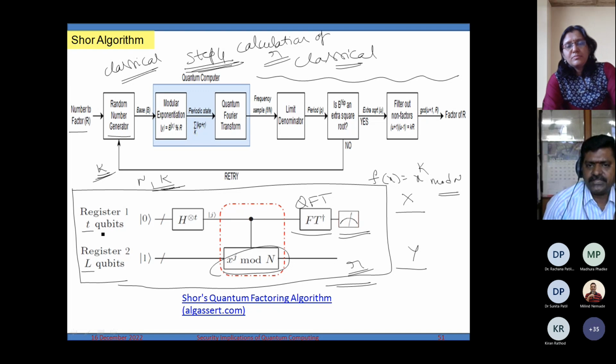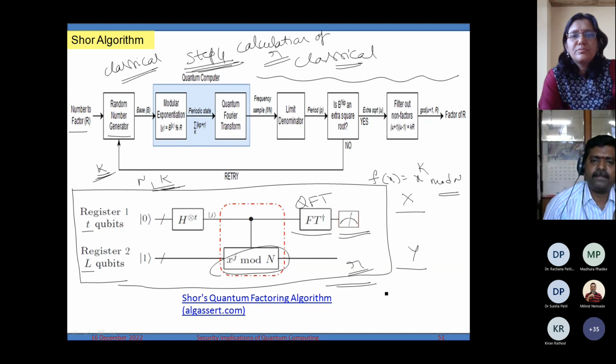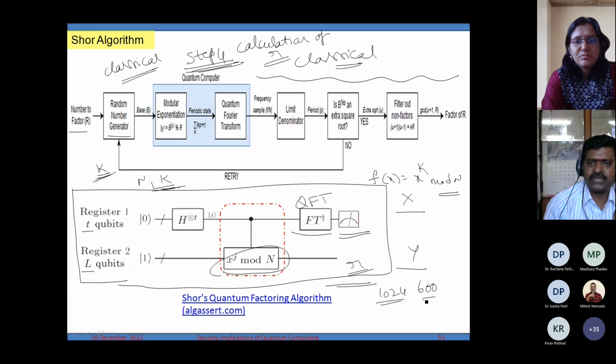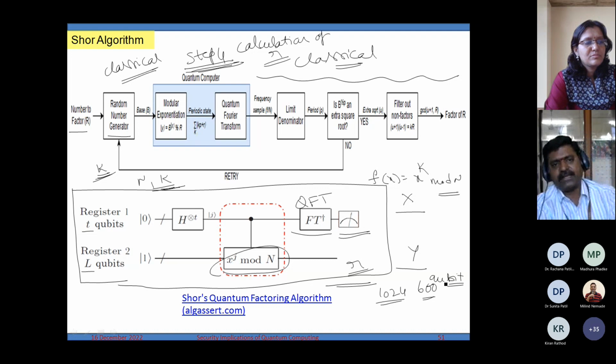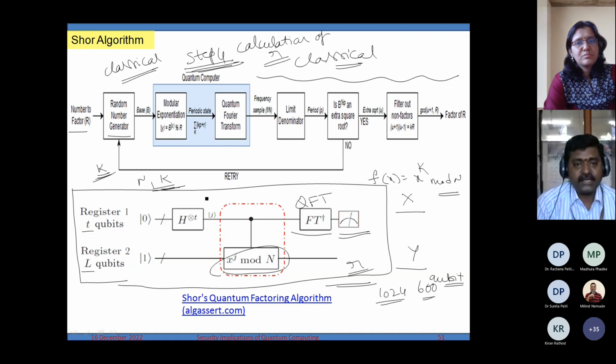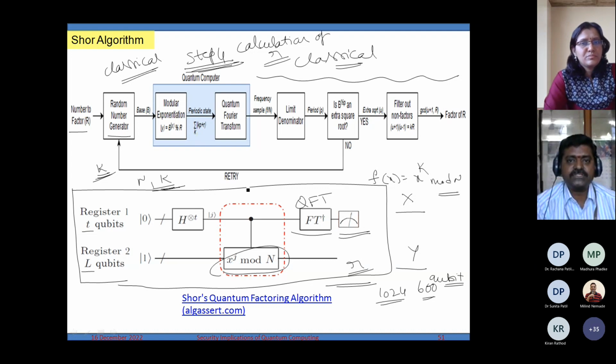Roughly, a 1024-bit number is expected to need around 600 qubits. That's what I read somewhere. So the circuit that is shown is a generic structure, and the number of qubits in each register is based upon the values N comma K.